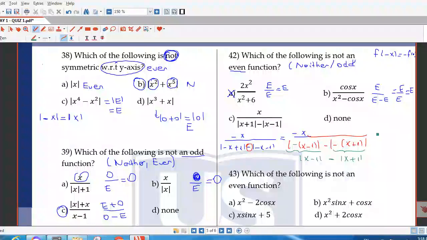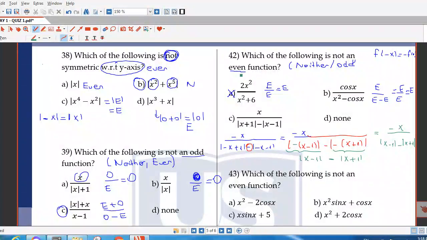Let's go on. There is negative x in the numerator, and the denominator is the absolute value of x minus 1 minus the absolute value of x plus 1. We are always going to compare the function that we have in the end with the original one. In the original one, x plus 1 is the first term, but here x plus 1 is in the second.